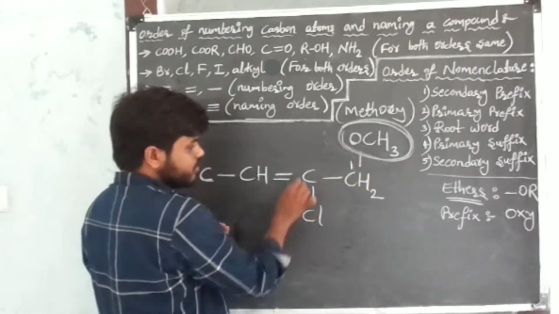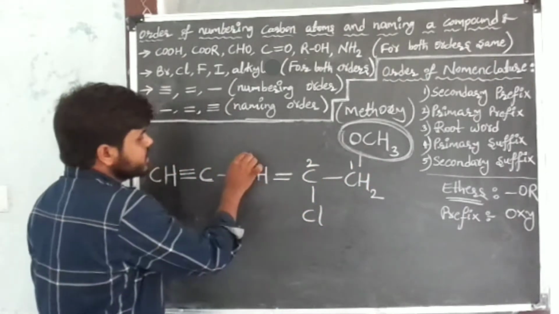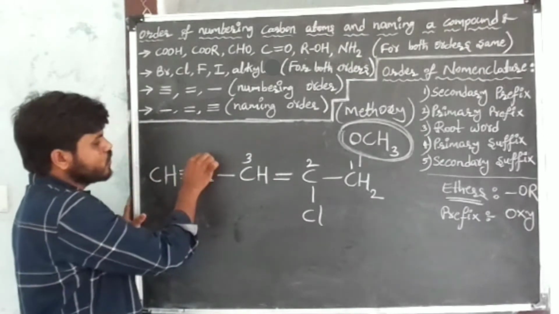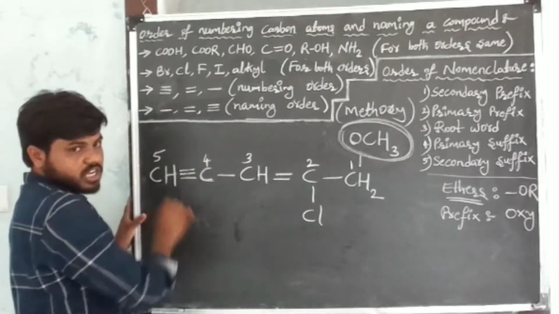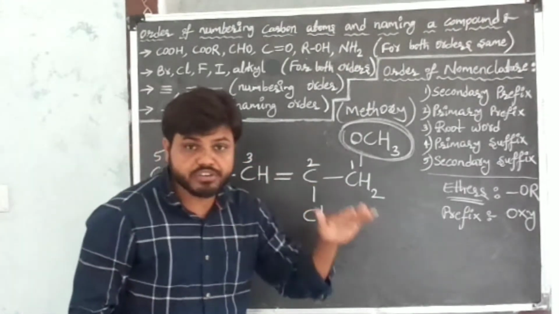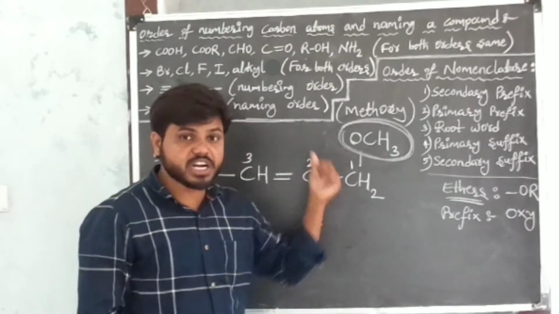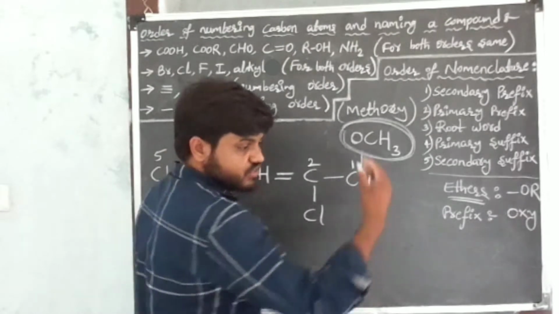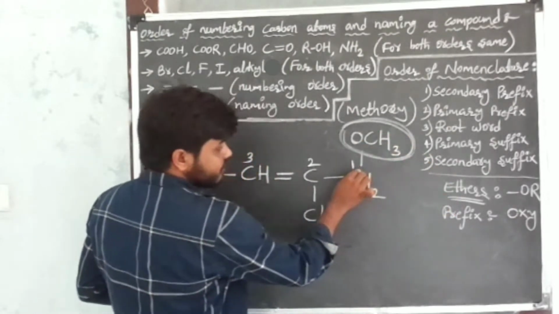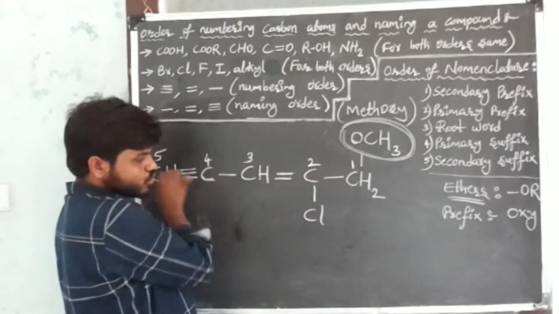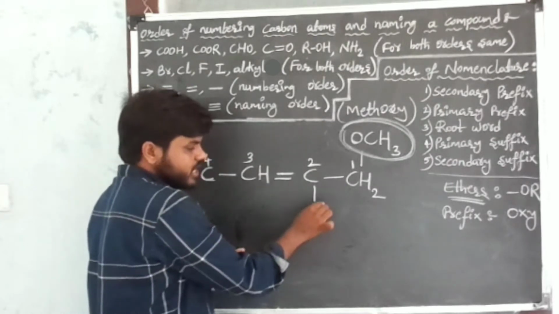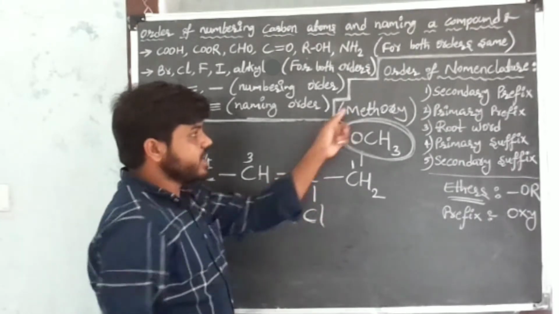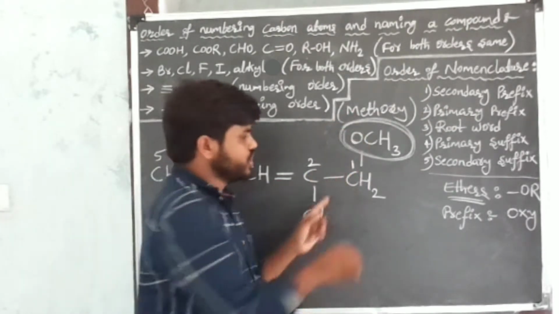This is first carbon, second, third, fourth, fifth. See, chlorine is getting the least number, that is second, and this methoxy is getting first position.